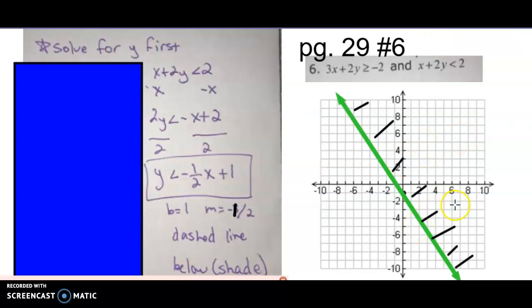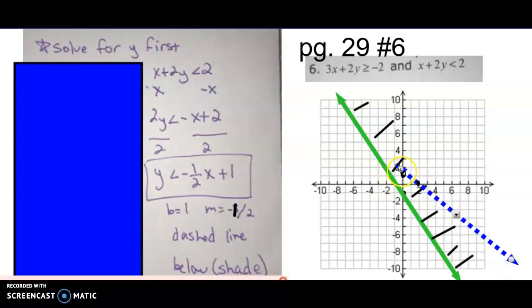Okay, so I'm going to start at the y-intercept of 1, and then use the slope to move down 1 over 2. And now I can graph my line that will be dashed through those 2 points.